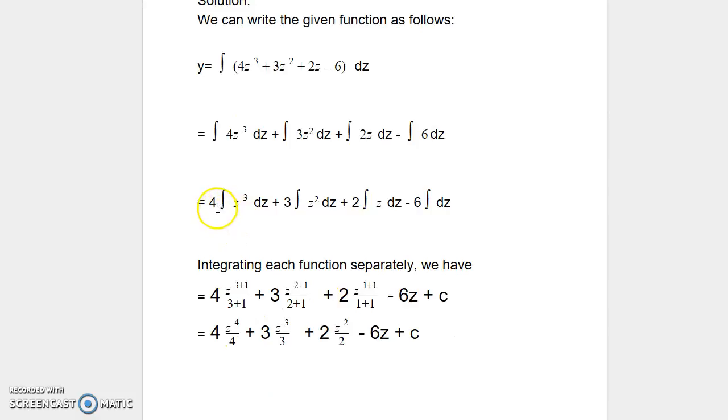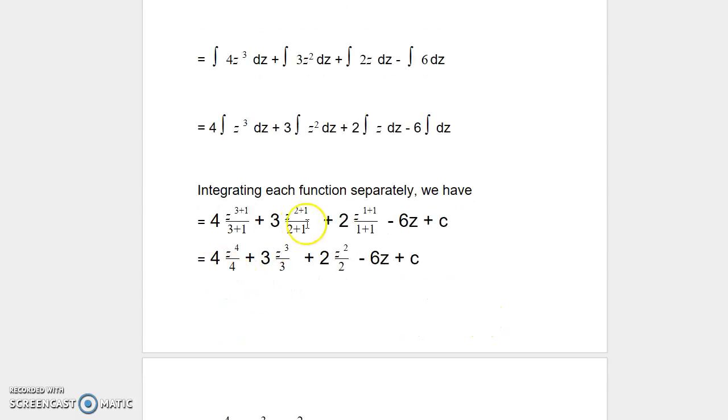When we have 4 integral z cubed dz, when we integrate it, we can write it as 4 times z to the power of, n equals 3 here, 3 plus 1 divided by 3 plus 1, plus 3 times z to the power of 2 plus 1 divided by 2 plus 1, plus 2 times z to the power of 1 plus 1 divided by 1 plus 1, minus 6z. So 6 integral dz converts to 6z plus c, which is a constant of integration.